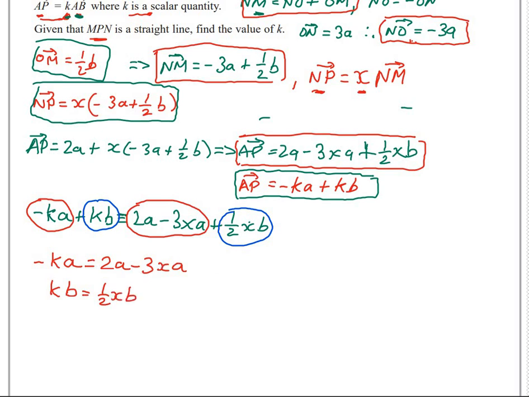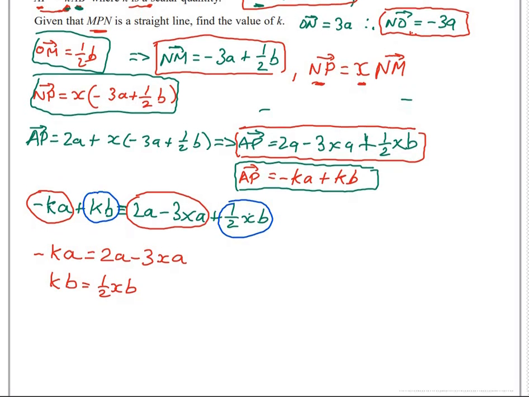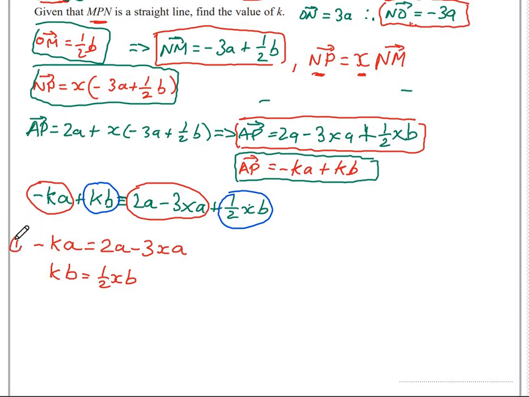Alright, so notice now we have a set of simultaneous equations. So what do I need to do here? I could put x in terms of k. But before we do that, notice that we're dealing with scalars here. We have a scalar unit here, here, and here. So we can further split that.